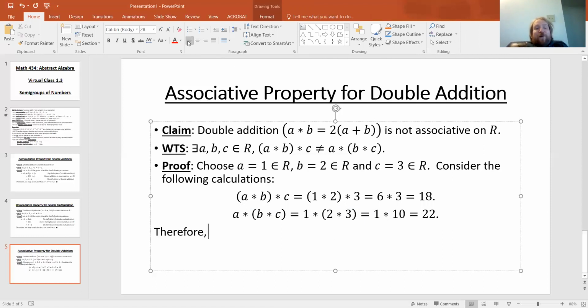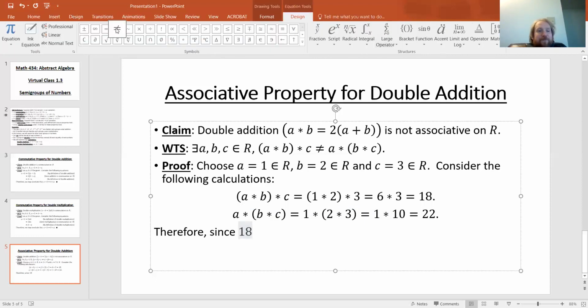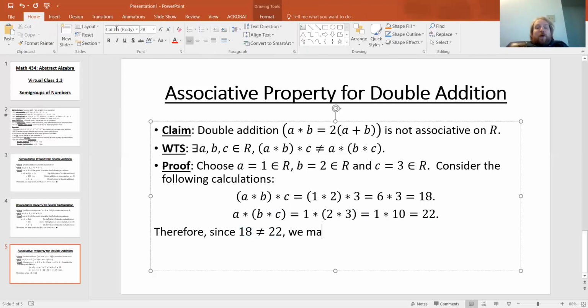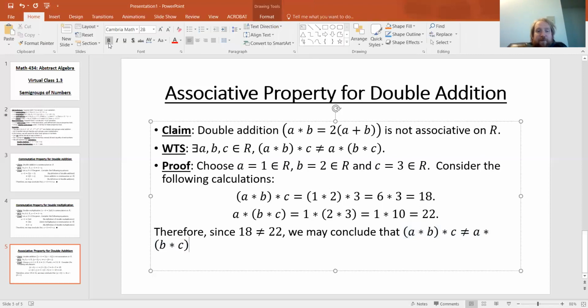So therefore, since 18 does not equal 22, we may conclude that A star B star C is not equal to A star the quantity B star C. And that completes the proof because we chose an A, B, and C to handle the there exists quantifier.